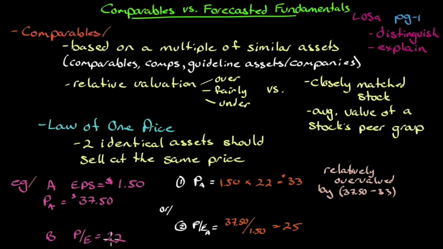Here we have 25 and 22, so we can say the same thing again, that it appears to be relatively overvalued. But this time our overvaluation is in terms of 25 minus 22 times $1.50. Here we can go right to, hey, it's overvalued by $4.50. Here we have to say it's overvalued by a multiple of 3 times whatever EPS we have, $1.50. We get to the same $4.50.